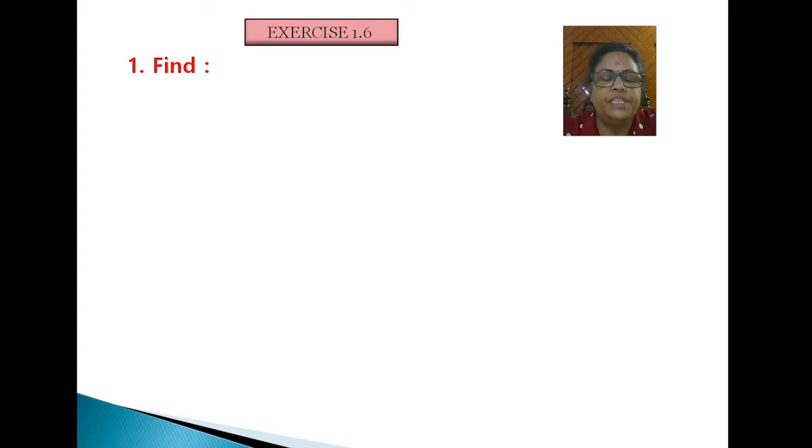Exercise 1.6. First question. Find 64 raised to 1 by 2. 64 you can write as 8 squared. So 8 squared the whole raised to 1 by 2. So a raised to m the whole raised to n is a raised to m into n.